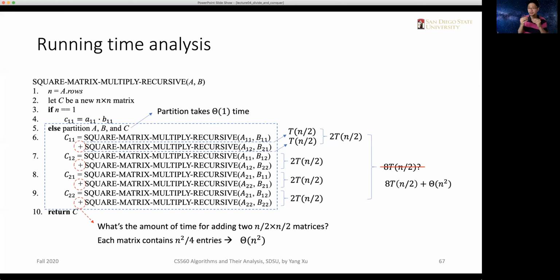So the combining step is costly, because the summation of matrices is inevitably quadratic running time. So the time cost for the combining step is big theta of n squared.